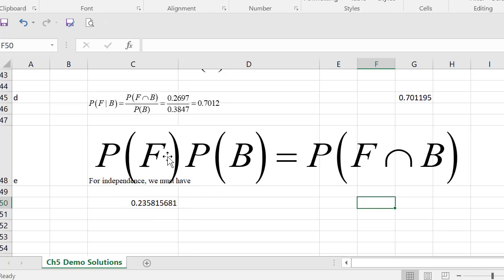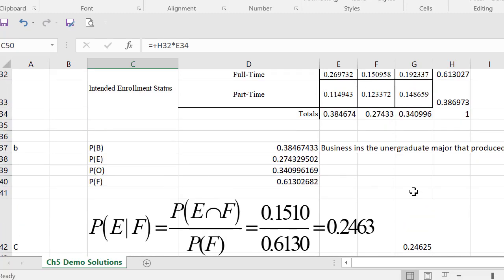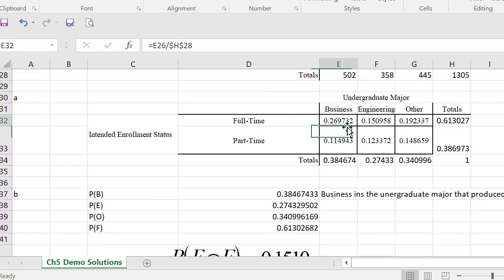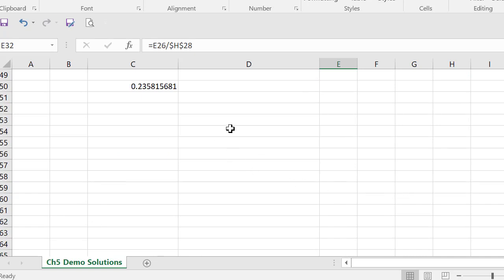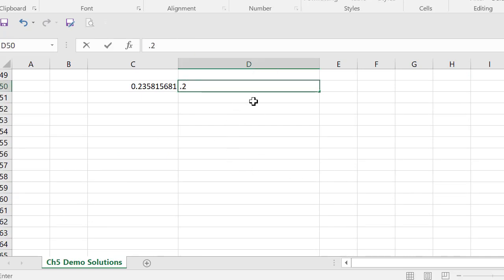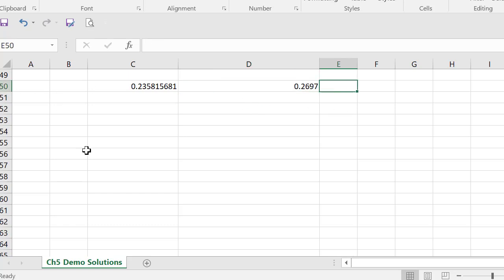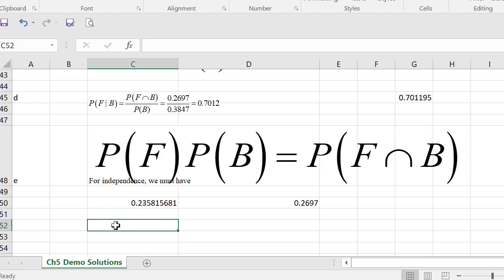So this multiplication is 0.2358, or 23.58%. The probability of F intersection B, so full-time, that's this value, 0.2697. They are not the same, so the events are not independent. So I put not independent. So that's how that's calculated, and that's the logic for going through that.